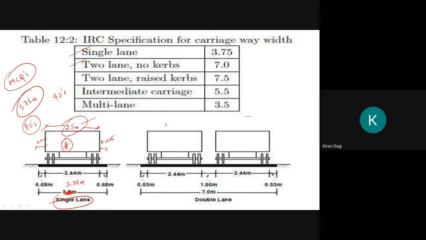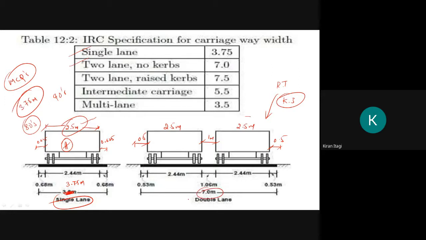Then for a double lane, it will be 2.5 meters here, again 2.5 meters here, and the distance between one vehicle and another vehicle will be 1 meter, and the clearance here will be 0.5 and here 0.5. So this figure and these corrected values you can refer to from the reference textbook which I have shared with you, that is the Khanna and Justo textbook. Make some corrections here.